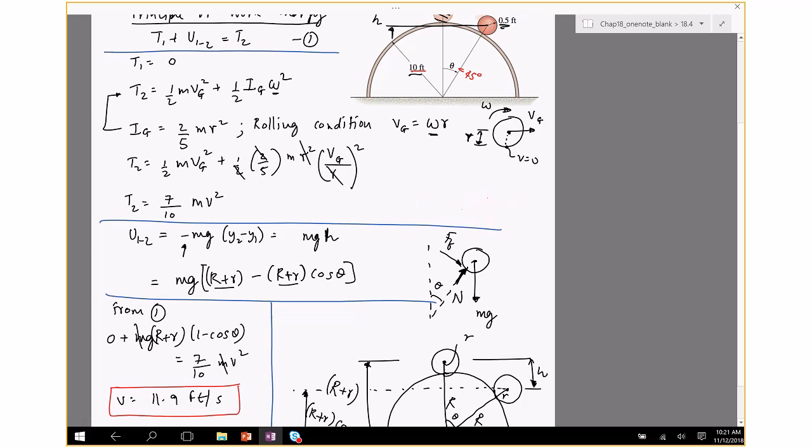Maybe here's a better way to think of it. Friction force times ds. We're trying to find the work done by the friction force, but ds is v dt, but v is 0, and so work done is 0.